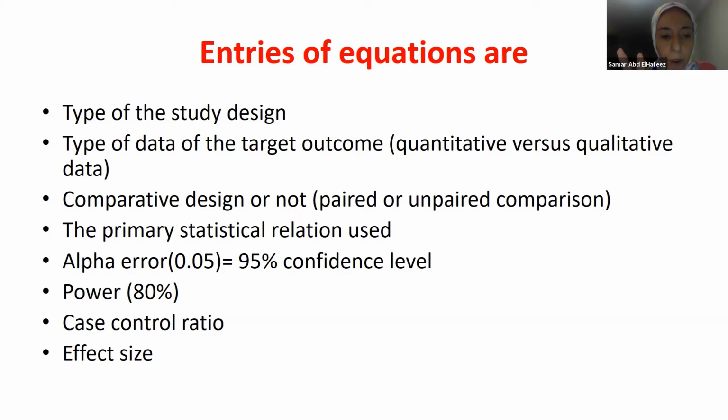The concept of the power is simply to what extent I'm confident or sure that what I have in my study reflects the real situation. What does it mean? I will conclude at the end of the story that those who have diabetes are more liable to get renal impairment compared to non-diabetic patients, and I concluded I have the evidence.